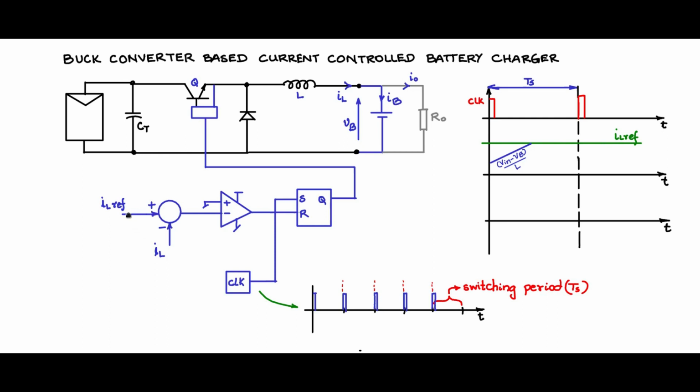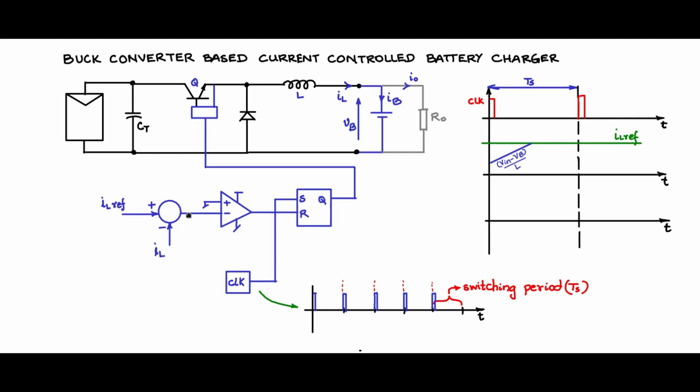So when IL ref is higher than IL, the output of this algebraic summer will be positive, but that is connected to the negative of the comparator, and the output will be low. The reset pin will be low. No change on Q. So it keeps increasing till the point when IL reaches and crosses over IL ref.